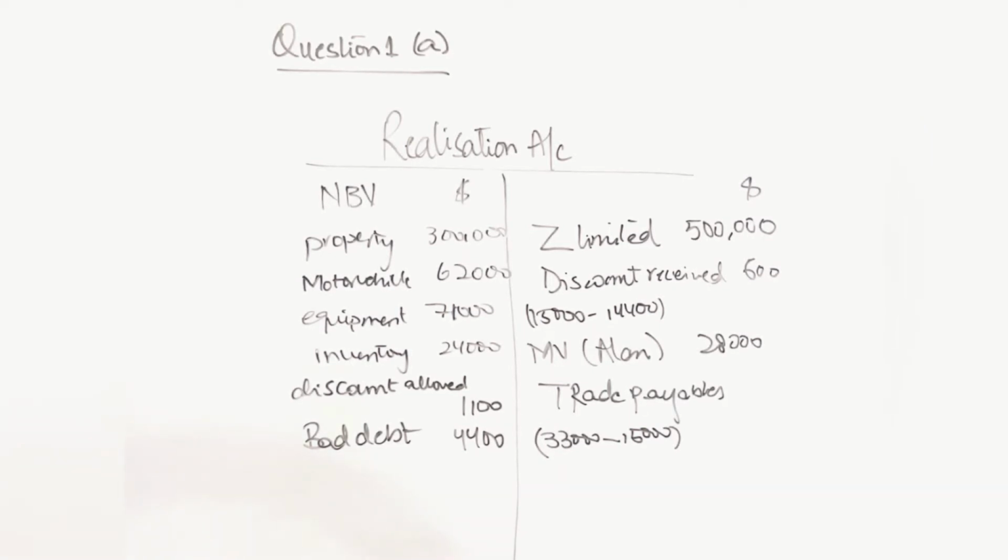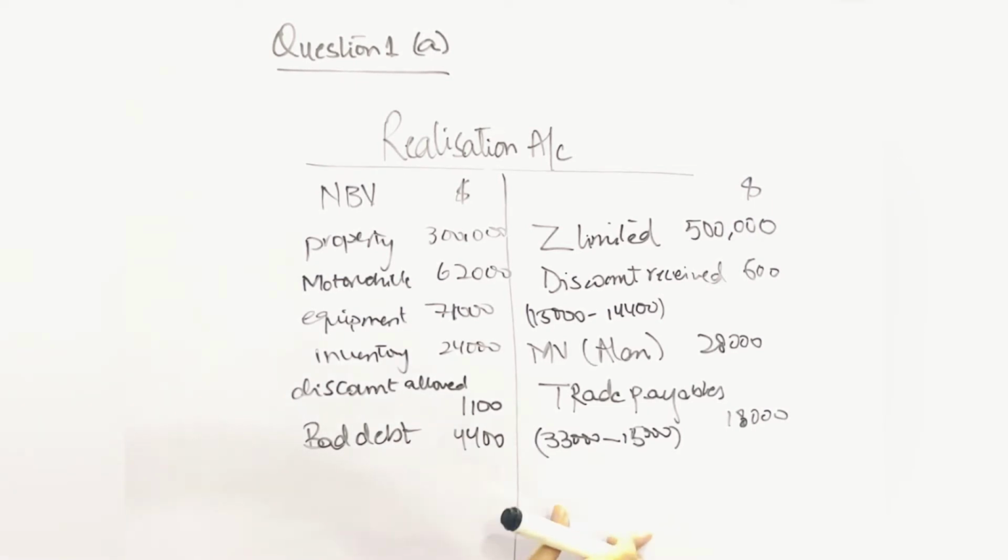That's something else. From 33,000 you have paid 15,000. The remaining is still to be paid, and Z Limited said that they're going to take over the trade payables. Hence, it is the responsibility of Z Limited to now pay their suppliers. The amount is going to be 18,000. I hope this concept is clear, because it was taken over by Z Limited, so they have to pay the following amount.